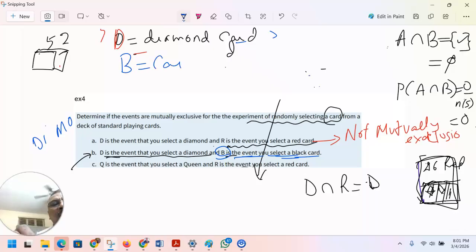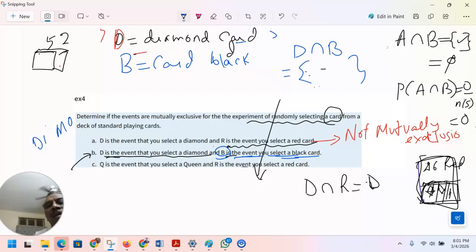Now, first of all, we want to notice D and B. Which are the cards that are both diamond as well as black? Can a card be both a diamond card and a black card? No. So this is empty. There are no cards which are both black and diamond.